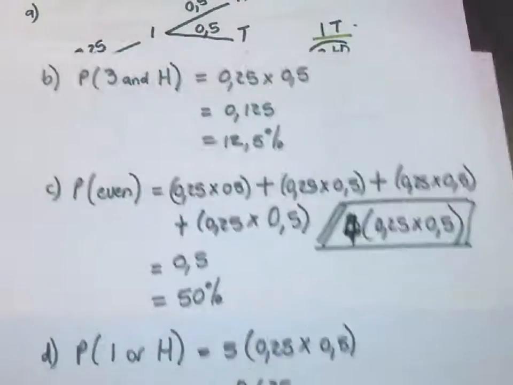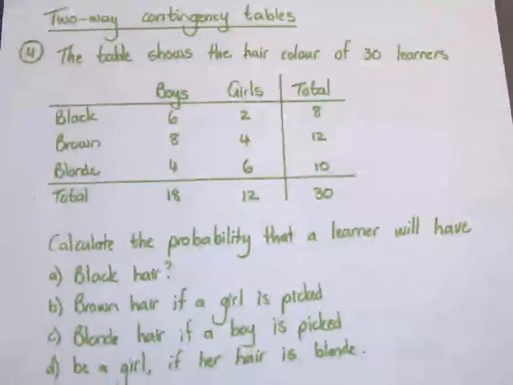Our next example. Two-way contingency tables. Is this one in your notes? Yes. Okay.